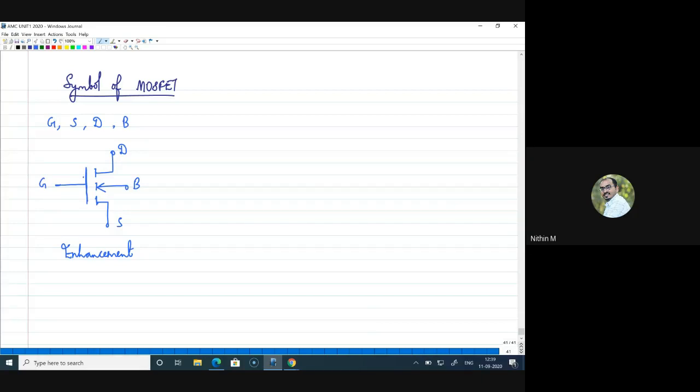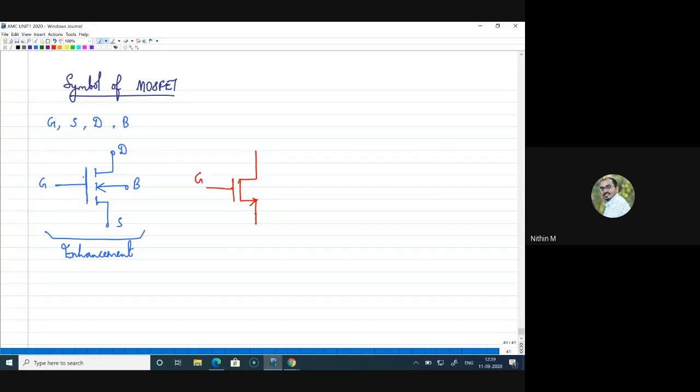But we know that when a potential is applied, a channel will be formed and current can flow from drain to source. Generally we will not use this symbol, because drawing a big circuit with 10 MOSFETs would mean spending time on all these details. So in circuits, we modify the symbol as this one, the widely used symbol of MOSFET in analog circuits.